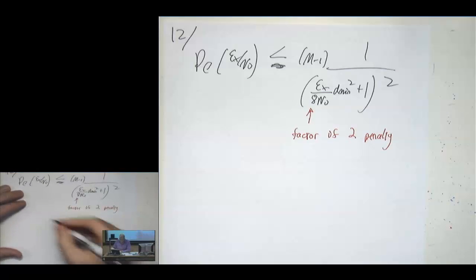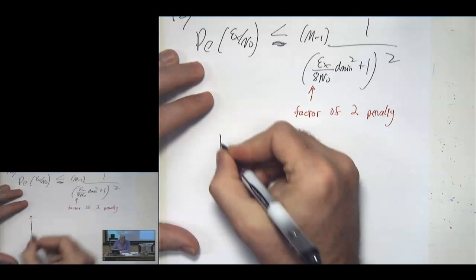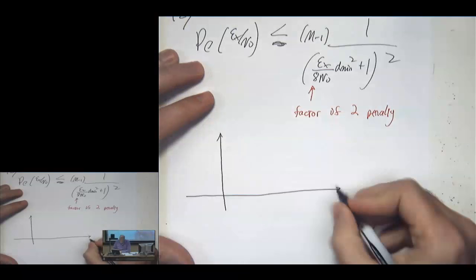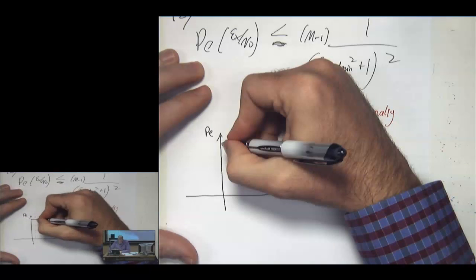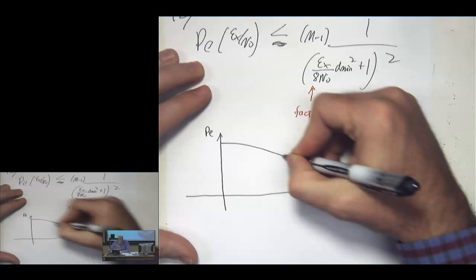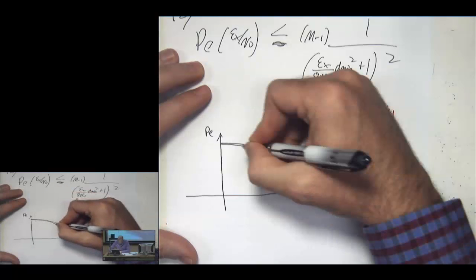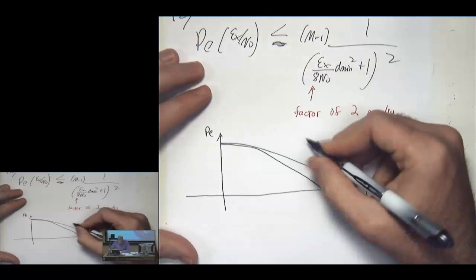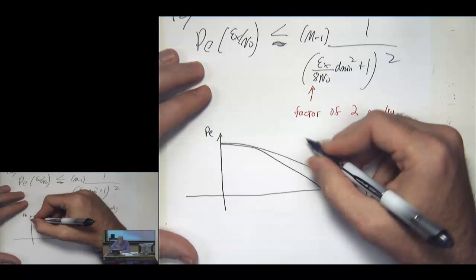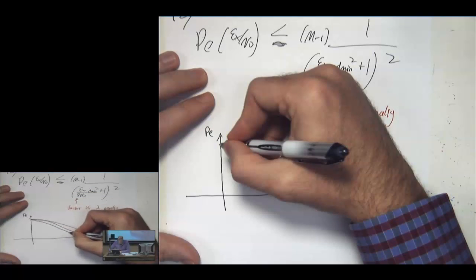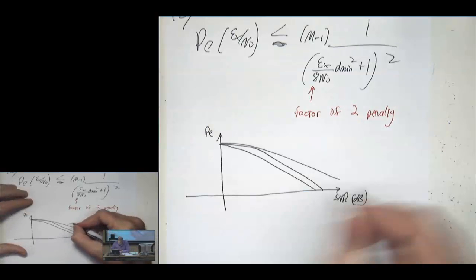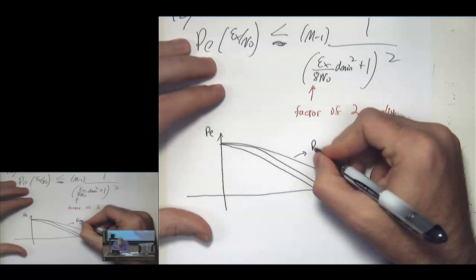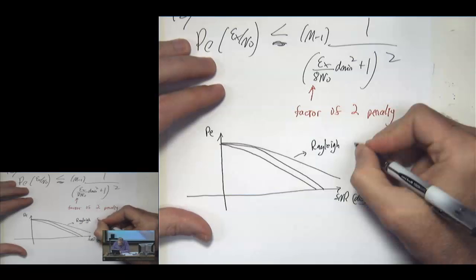So if we plot, and I didn't bring a nice plot of this here, but if we plot SNR in dB against probability of error, and let's say we plot the baseline case, let's call this the pure Rayleigh case, SISO.